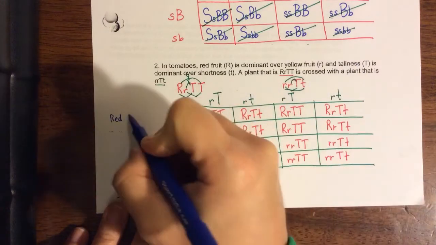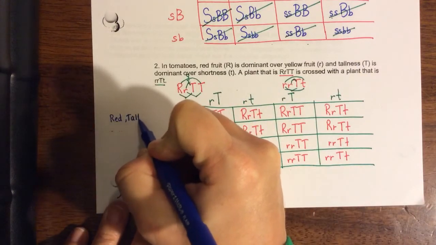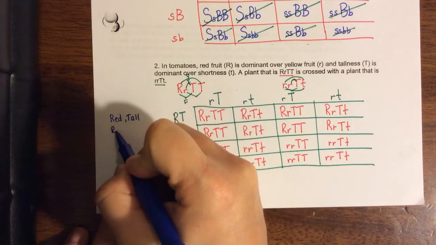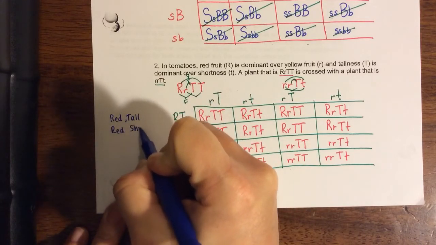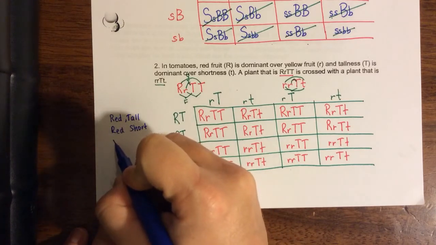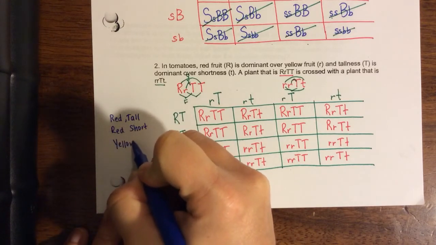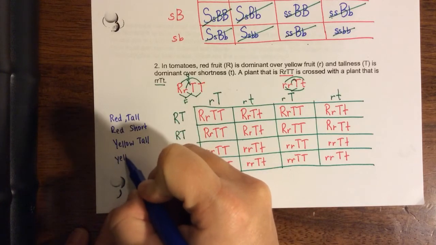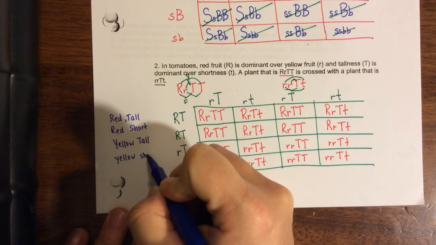Or red and short, which would be a dominant recessive. Then recessive dominant, so recessive is yellow and tall. And finally recessive for both, which would be yellow and short.